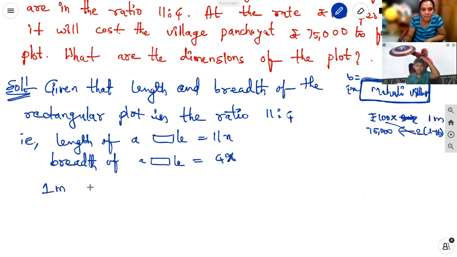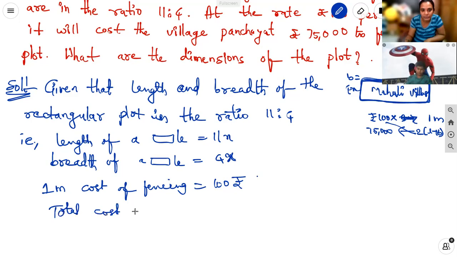1 meter cost of fencing equal to 100 rupees. Total cost of the rectangular plot equal to 75,000 rupees.